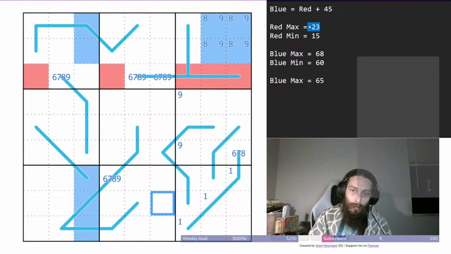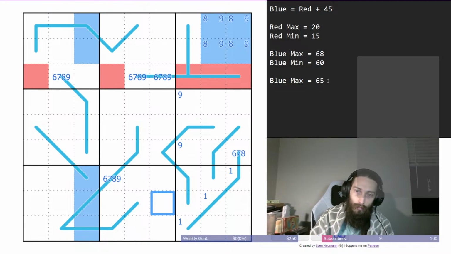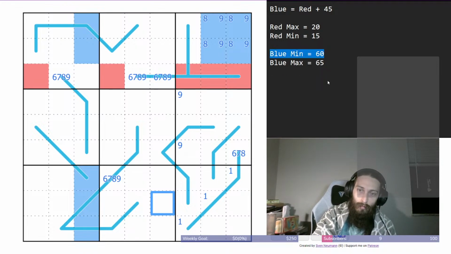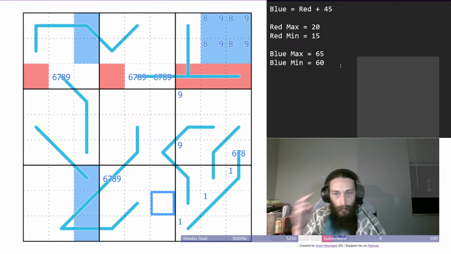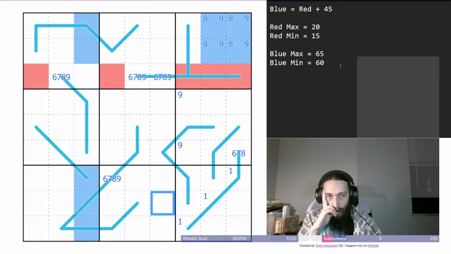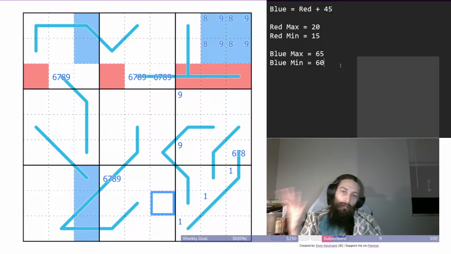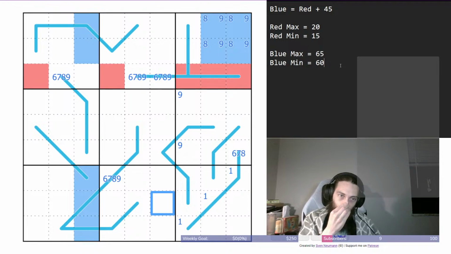So red cannot be 23, its maximum is 20. But 5 degrees of freedom is still too many degrees of freedom, I think.